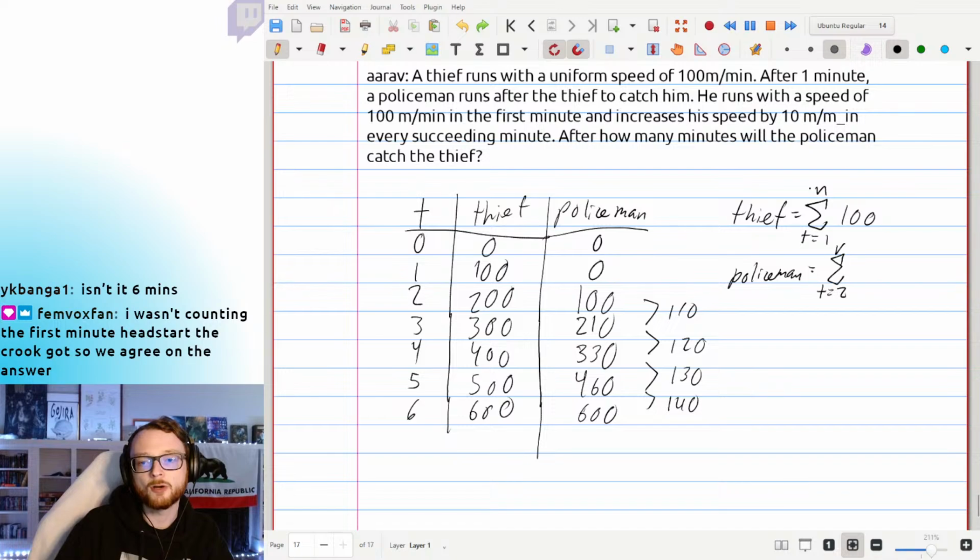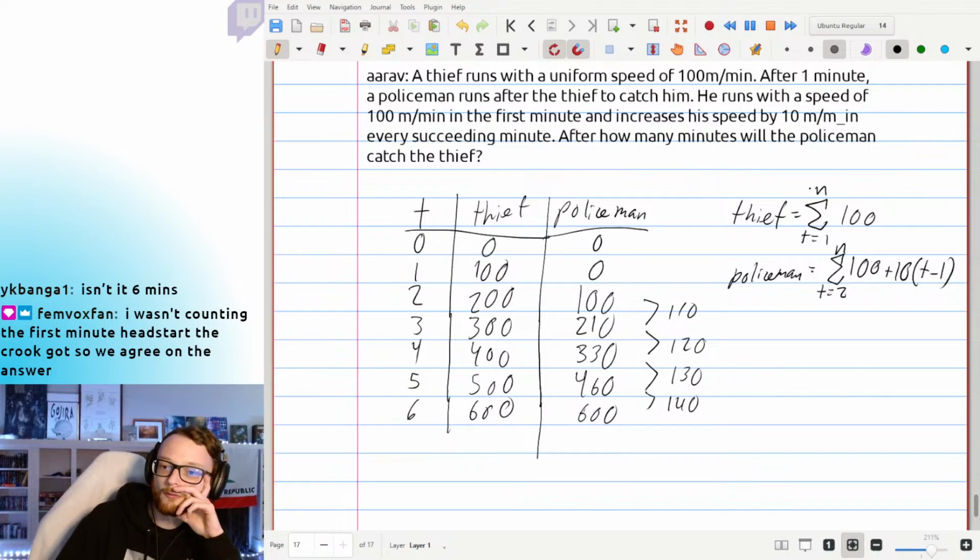If we make the policeman start at t equals 2 to try to build this head start in, I think it looked like this.